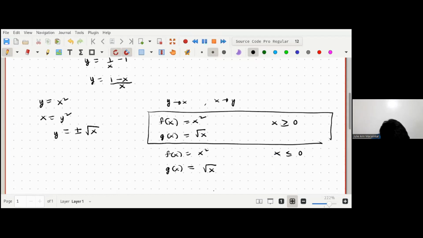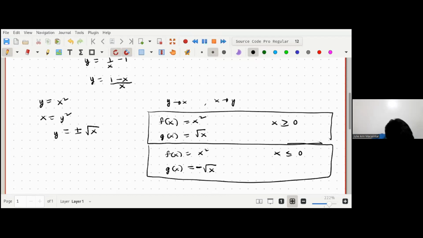Tapos, kailangan yung sagot natin negative. So, magkaka-minus sign yan. And pag ginraph mo yan, makikita mo na may symmetry pa rin yung dalawang graphs about y equals x.